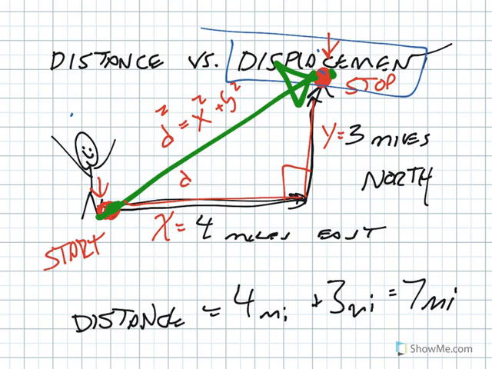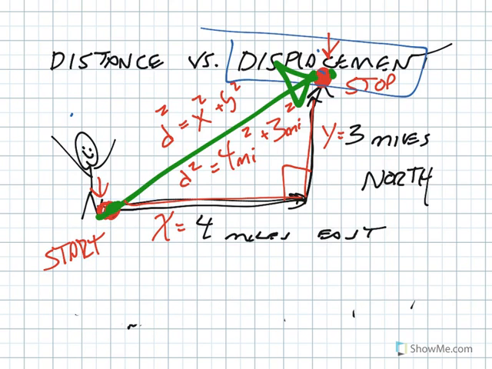That means d squared is equal to 4 miles squared plus 3 miles squared. Let me make some more room down here. Okay, 4 squared is 16, and the units are miles, and you square those too.